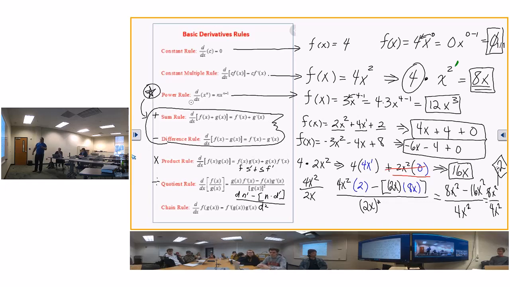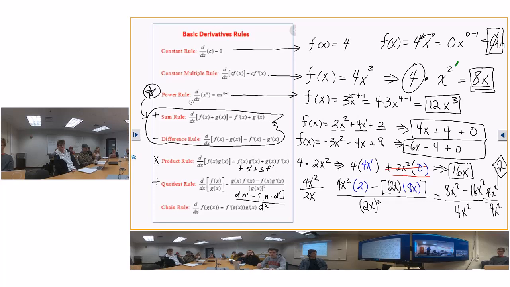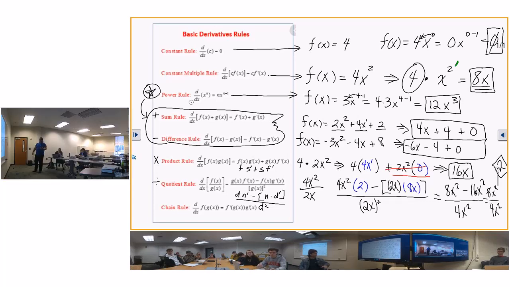It's supposed to be 2. I've got an error somewhere. Okay, we're not going to worry about it now. We're going to do plenty of quotient rule later.